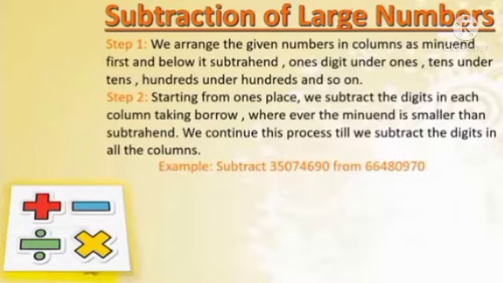For example, the question given is 3 crore 50 lakh 74,690 has to be subtracted from 6 crore 64 lakh 80,970. Here children, I would like to tell you one important thing, that if the term from is used, then the second number is always larger number, and while arranging in vertical column, it will be arranged first.